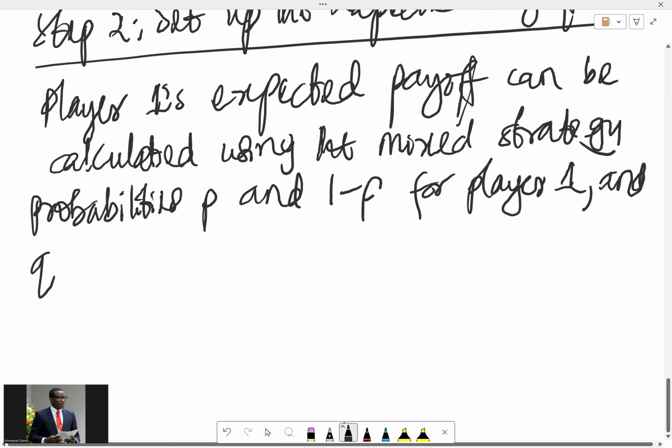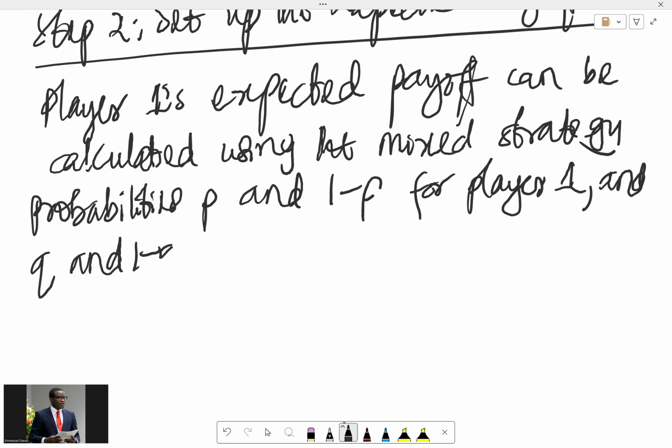The probabilities of the payoffs for the two of them are going to affect each person, right? So player one's expected payoff can be calculated using the mixed strategy probabilities P and 1 minus P for player one, and Q and 1 minus Q for player two.